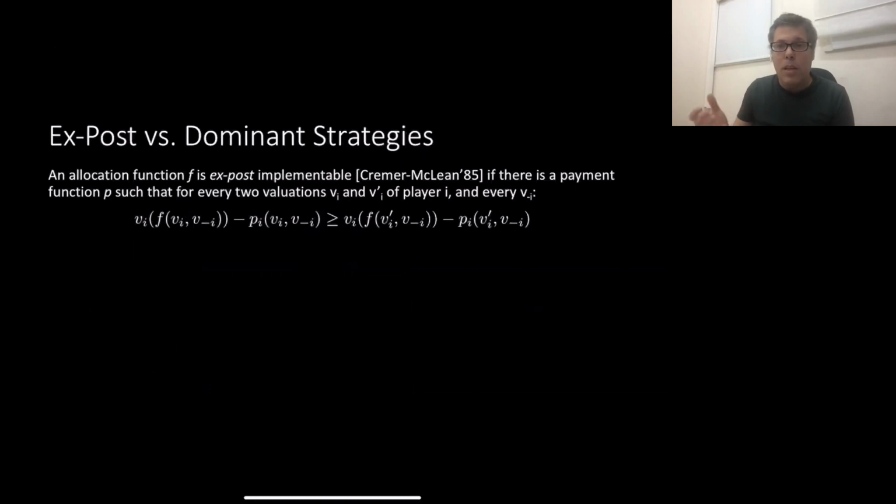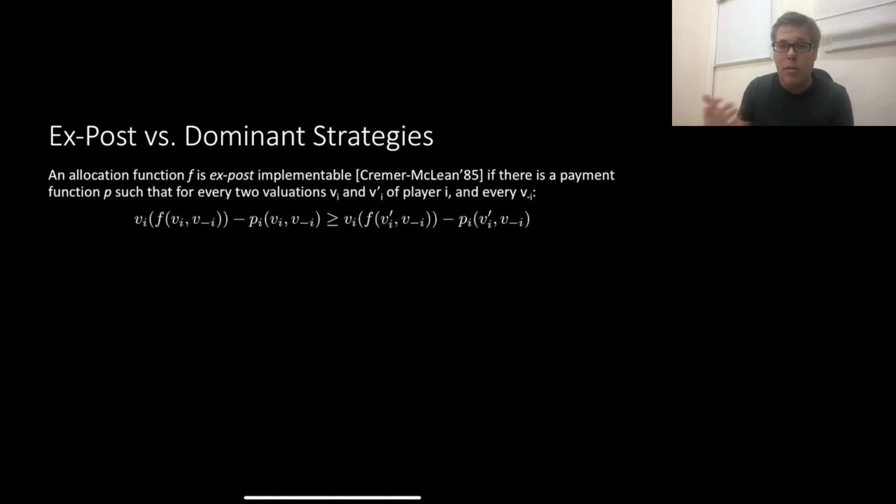Let's try to formalize this notion of when we have dominant strategies and when we don't. The relevant notion here is ex post implementability, which talks basically about the outcome.